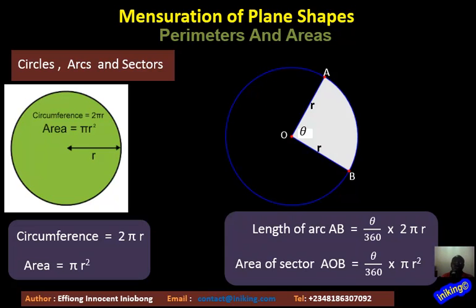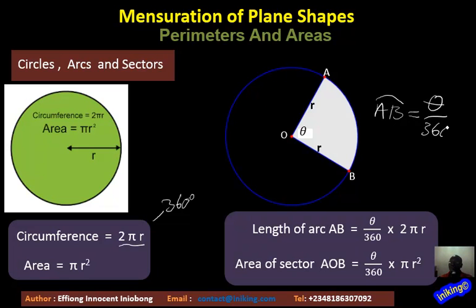The arc is related to the perimeter, that is the circumference. Since the circumference of a circle is 2 pi r, and the circle actually covers a total of 360 degrees, the arc AB, as we have here, is just a fraction of that circumference, and it's taking out theta out of the 360.